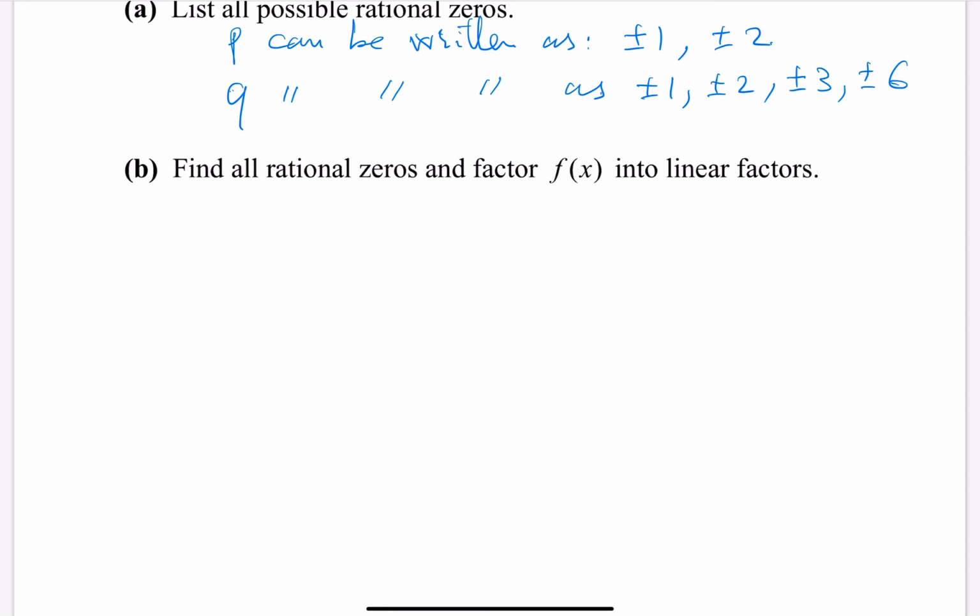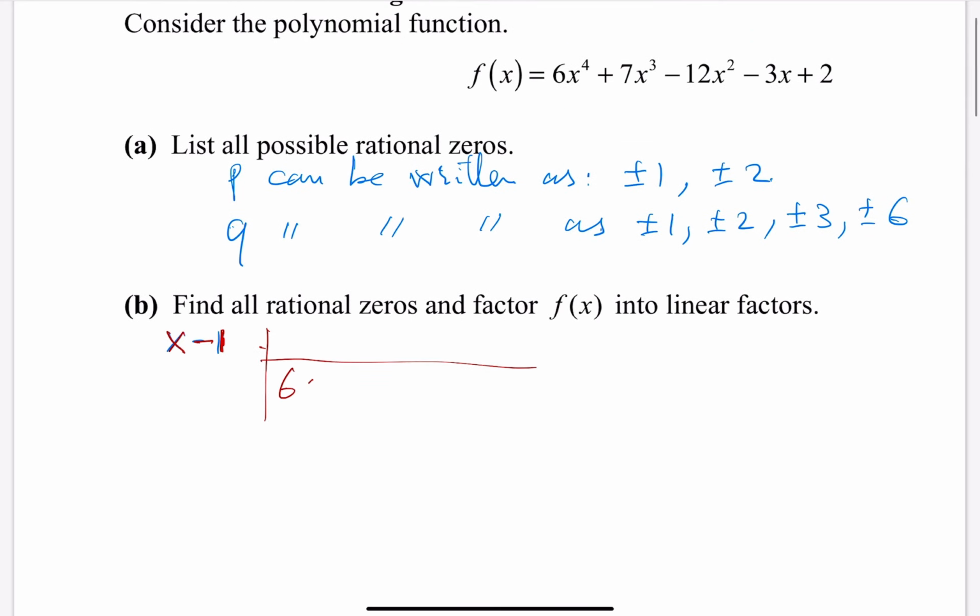So if you start with 1, for x minus 1, you have x minus 1, and you take the polynomial function, which is 6x to the 4th plus 7x to the third minus 12x squared minus 3x plus 2, and let's divide it.